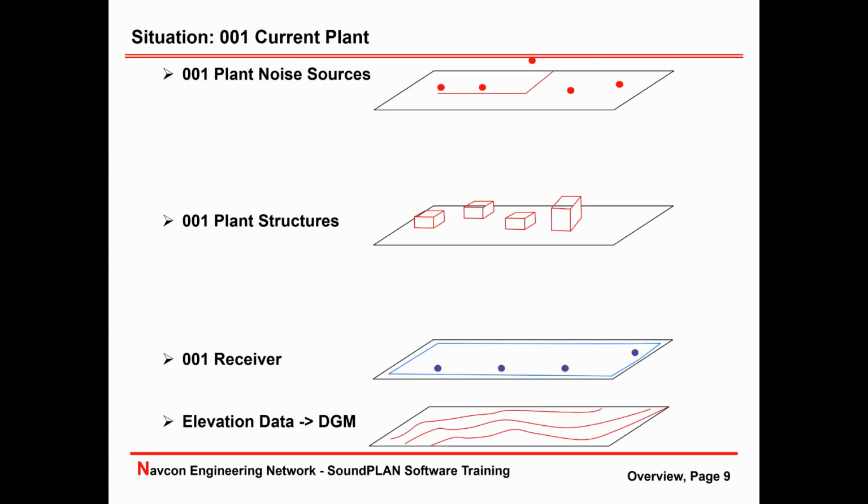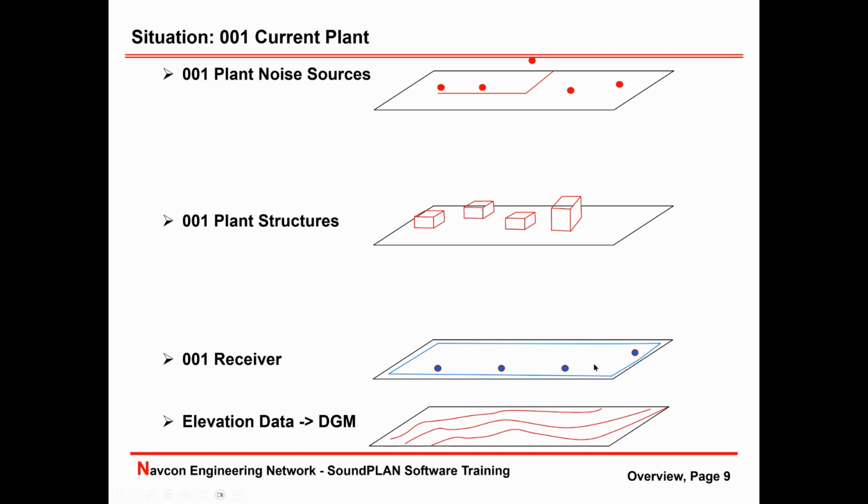Here is another way of visualizing that, with an example of a current plant. So that's the name, situation 01 current plant. Here we have the noise sources, point and line sources. We have structures in the plant that could be buildings. We have receivers at the property line. And then we have the digital ground model that's based on elevation lines and maybe some spot heights. So with these 4 layers, the program can do a prediction for these receivers.